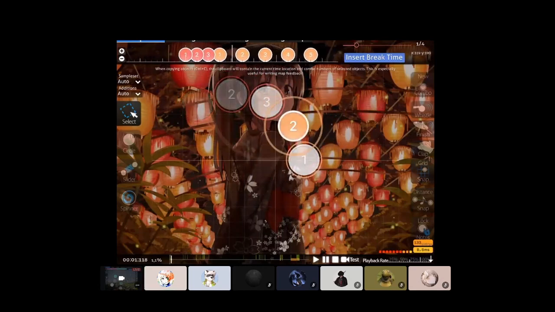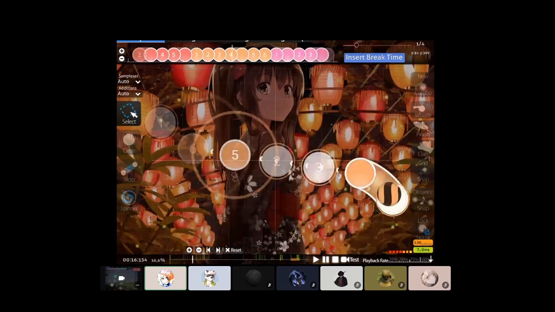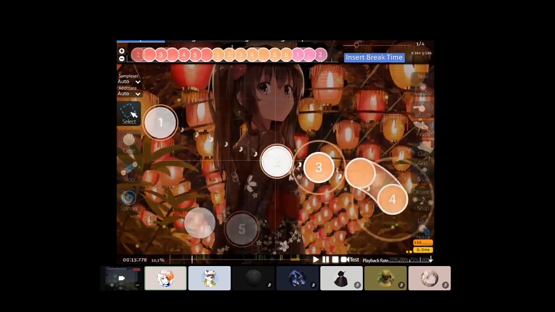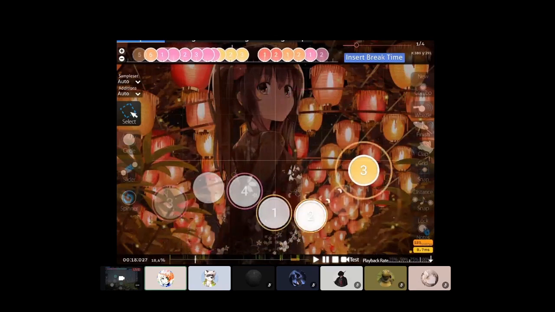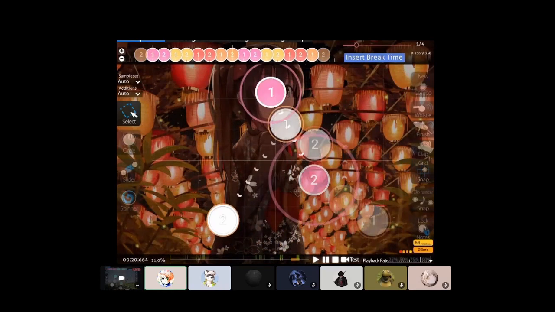So this map, again, has a lot of wide angle jumps, especially in parts like these. The interesting thing here is that although a lot of players nowadays are accustomed to everything being sharp angle stuff, when you randomly put a wide angle jump in a map that has sharp angle jumps everywhere, it's going to be kind of uncomfortable to play.